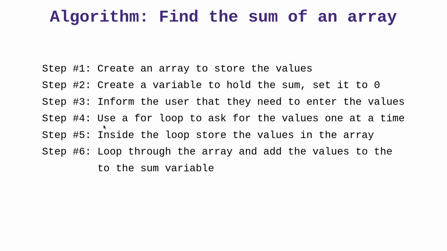Now obviously we've already done that. So we've asked for the values and we've stored them in the array. Basically we want to do step 2 here and step 6. We want to create a variable, and then we want to loop through the array and add them together. All right, sounds a bit confusing. It's really not. Let's go ahead and implement this.